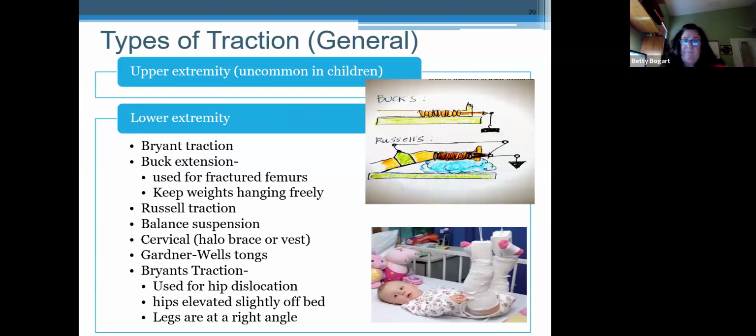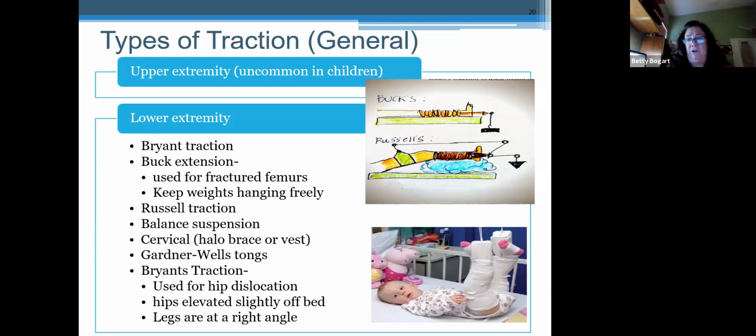Here's some more. So this is telling you upper extremities are very uncommon. We don't use them much. It's mostly the lower extremities. You need to know Buck's traction is the fractured femur one. Again, any traction, if there's weights, they have to be hanging freely. You never touch them.